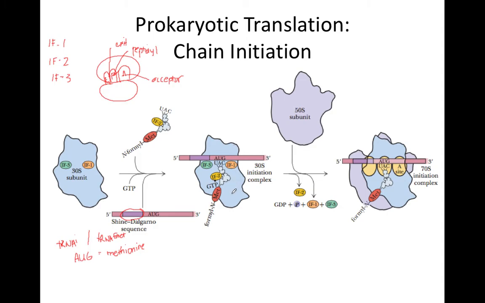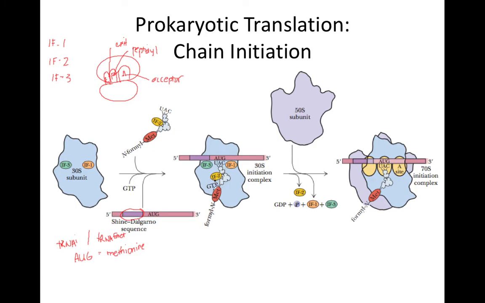Once this is assembled, your 50S subunit can come in. So your initiation factor 3 is removed, as are initiation factor 2 and initiation factor 1. And they are largely removed by the hydrolysis of GTP.